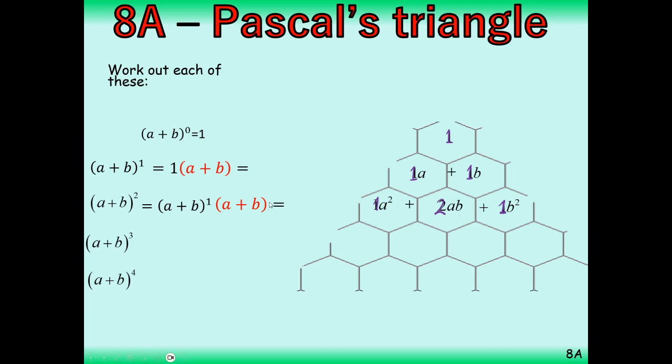And the next bracket, a plus b cubed, is a plus b squared, on the line above it that we just evaluated, multiplied by a plus b again.